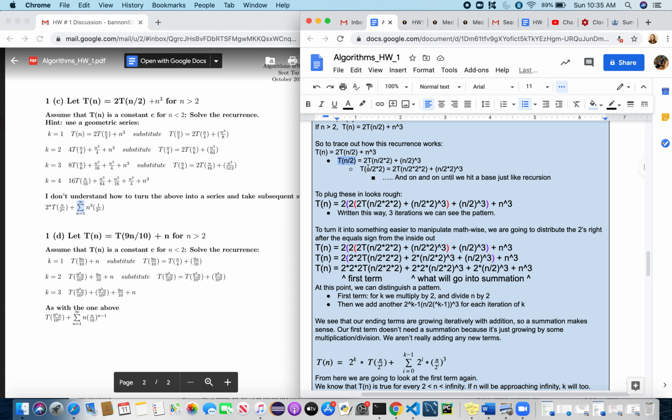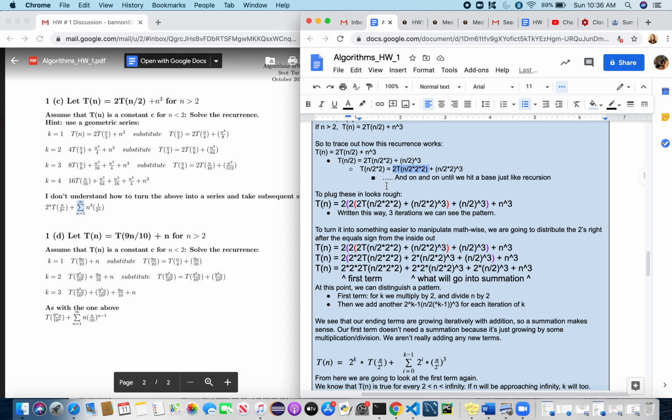And then you say, okay, well, what does t of n over 2 times 2 mean? And as you know, it is 2 of t of n over 2 over 2 over 2, over 2 cubed plus n over 2 squared, or to the power of 3.